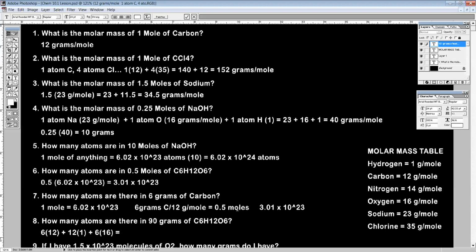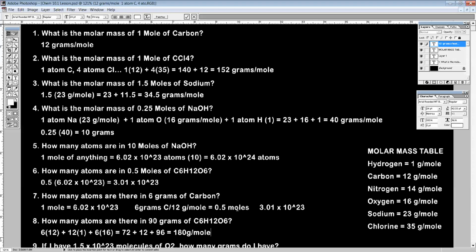So that's going to be equal to 72 plus 12 plus 6 times 16, which is 96 grams for the oxygen component, and that is all going to be equal to 180 grams per mole.